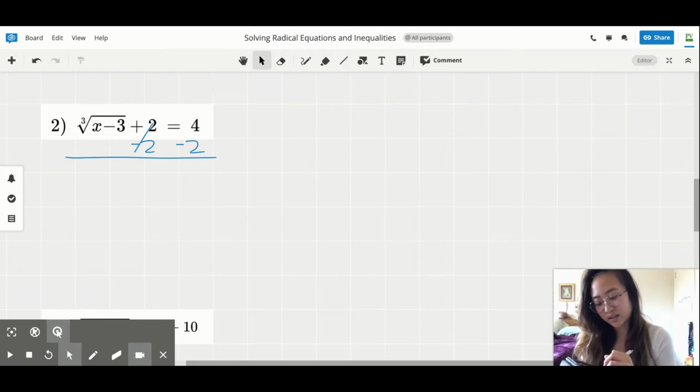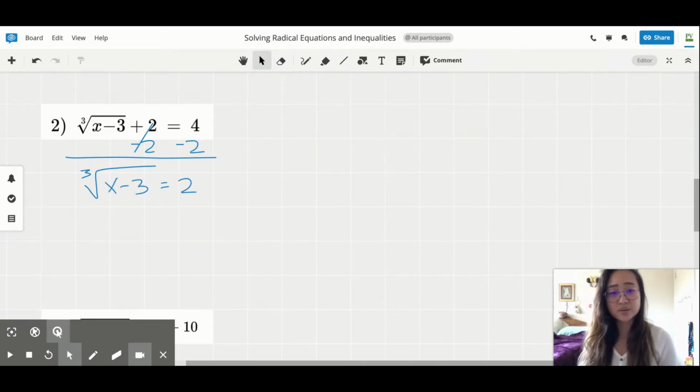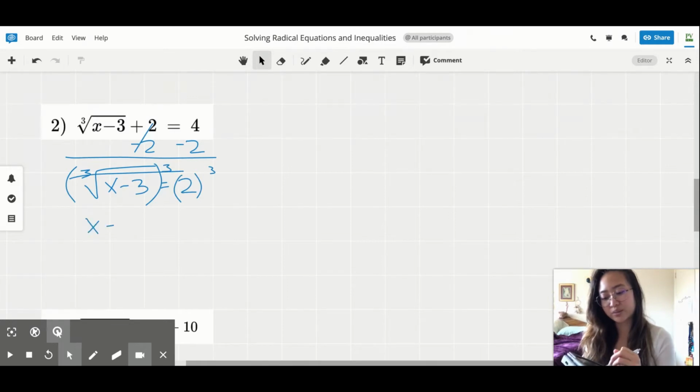Now we have the cubic root of x minus 3 equals 2. To cancel out the cubic root, we have to cube both sides. So I'm going to go ahead and do that. The cubes are canceled, and we are left with x minus 3 equals 8.